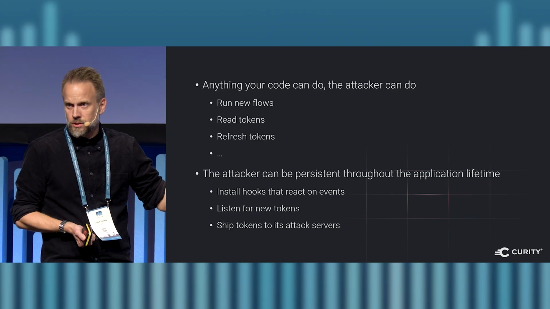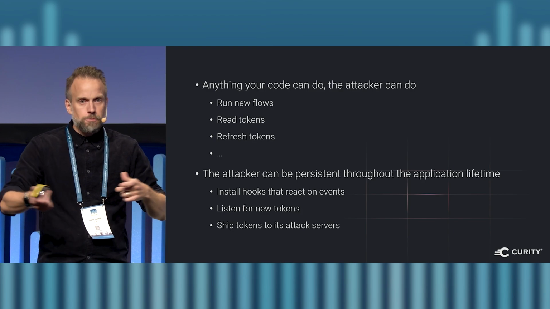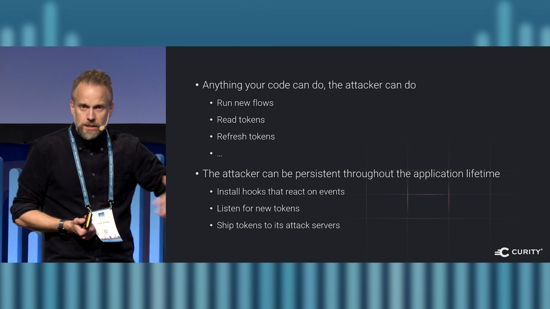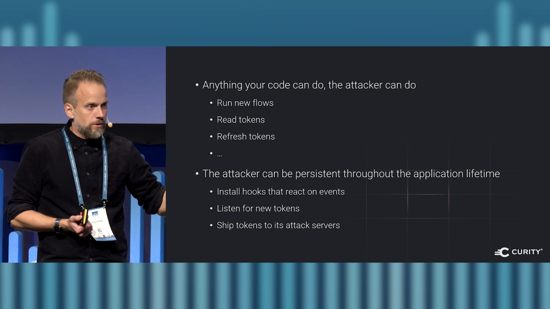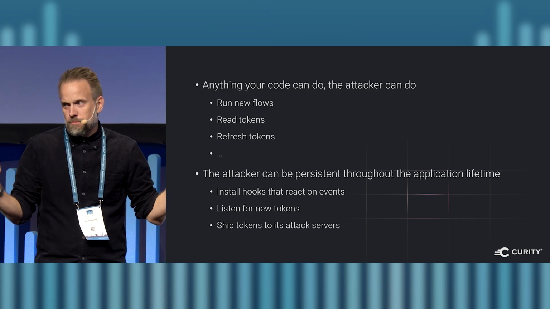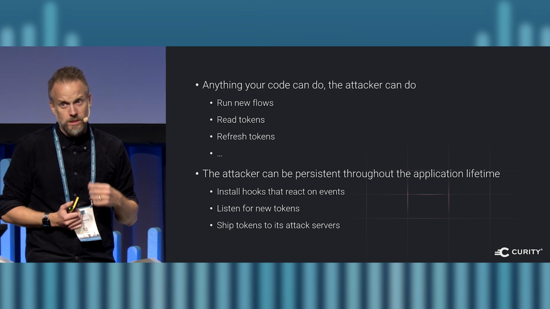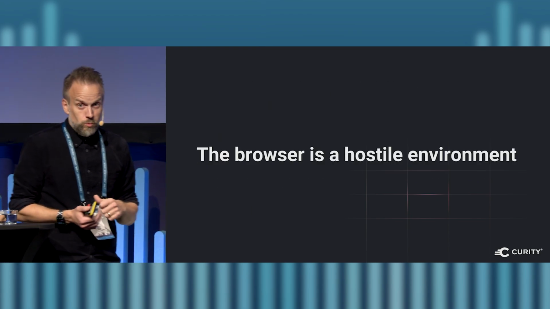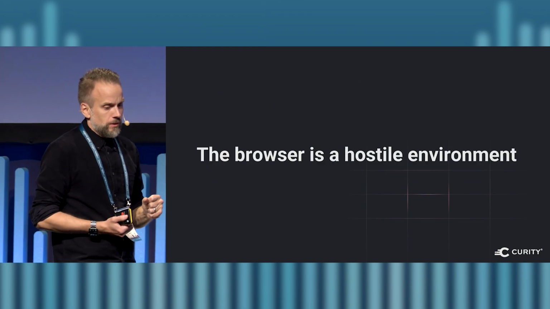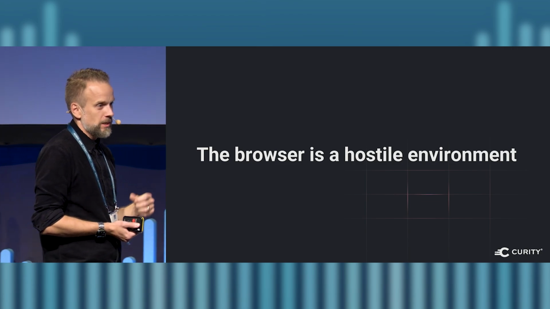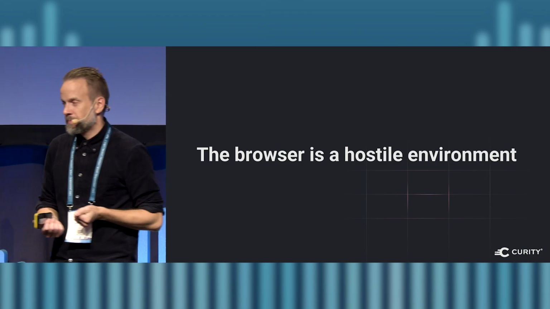They can add hooks and event listeners and wait for the user to leave the browser and then start using the tokens later on. I mean, all bets are off. They can do anything. So there's nothing protecting you once that happens. So really, the browser is a hostile environment, and we need to figure out how to solve that.